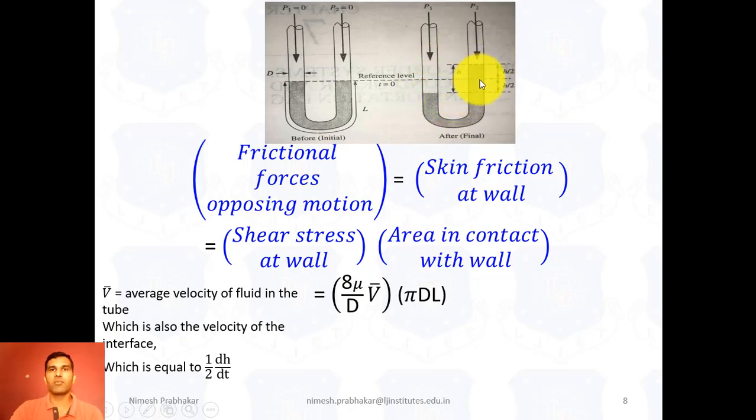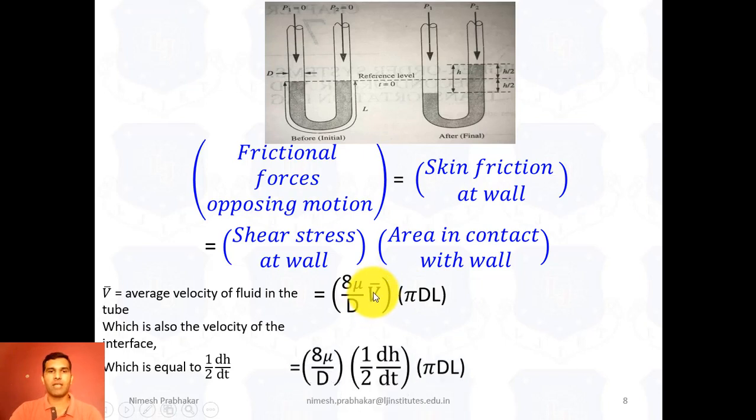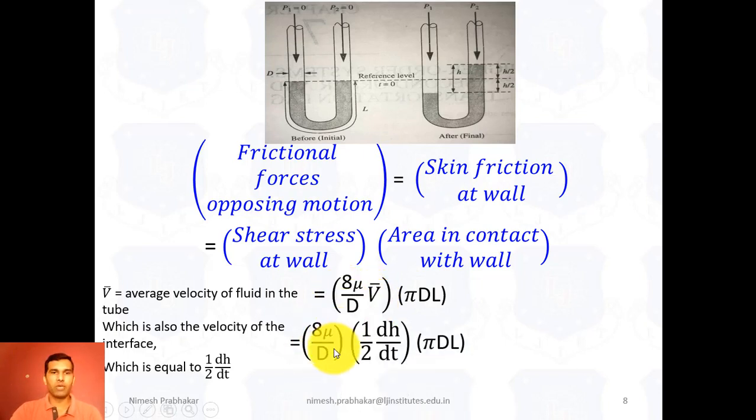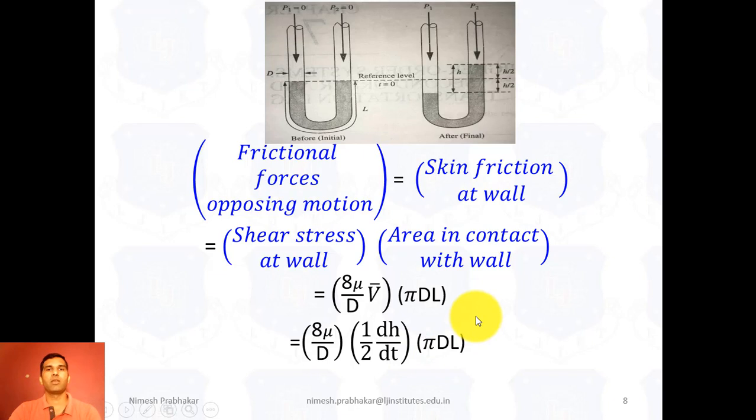So we can write this equation as 8 nu by d, and for this V we write 1 by 2 dH by dt, into pi d L. So finally we get the frictional force equals 8 nu pi d into 1 by 2 dH by dt, and pi d L.